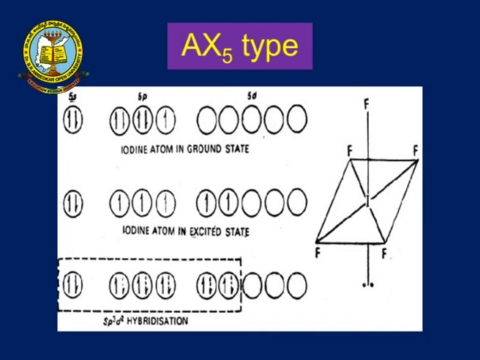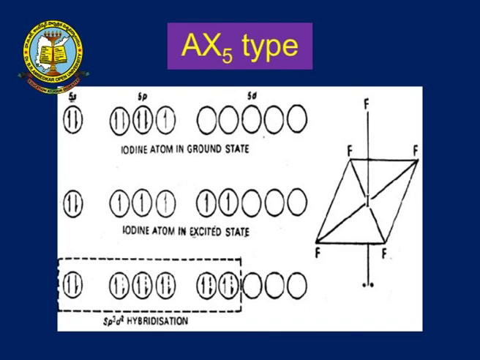So, in this situation, the central iodine goes to the first excited state and second excited state. After the second excited state, the central iodine creates 5 unpaired electrons and 1 paired orbital. So, the total 1 s orbital, 3 p orbitals and 2 d orbitals, a total of 6, combine together to form sp3d2 hybrid orbitals.